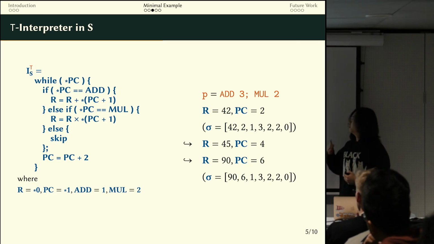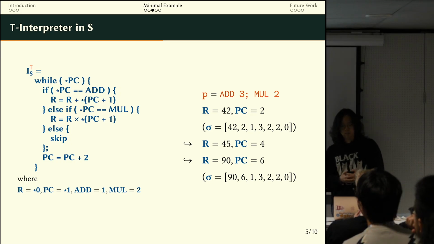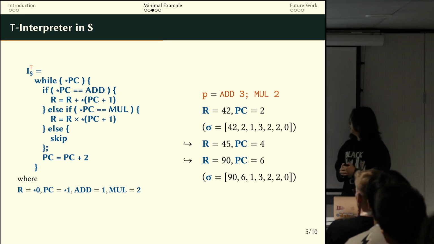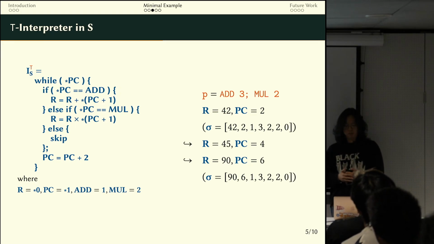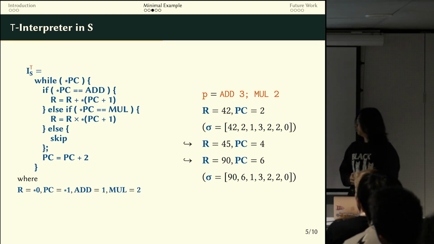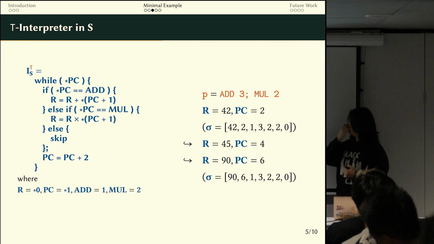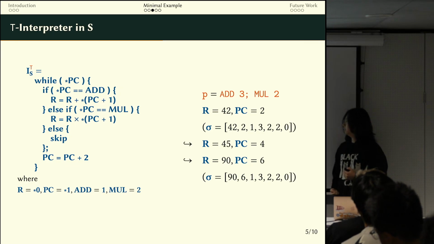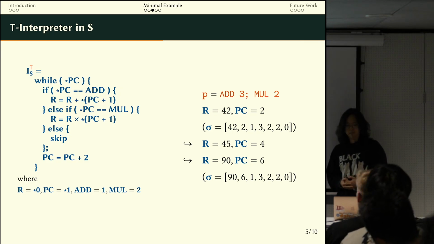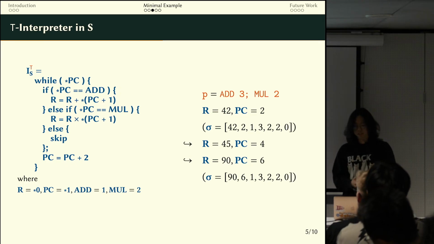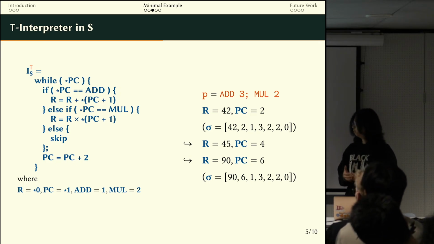For example, if we are trying to evaluate the program "add 3, mul 2" with input 42, we run this interpreter with the initial S memory, where the first cell stores the register value and the second cell stores the program counter. After two iterations, we get the final register value in the first cell of the memory.